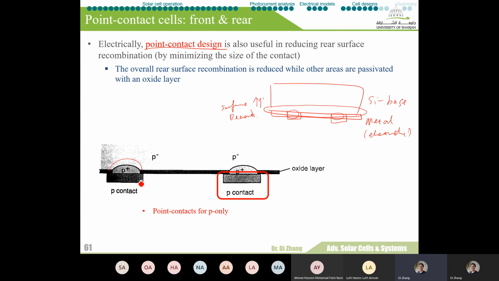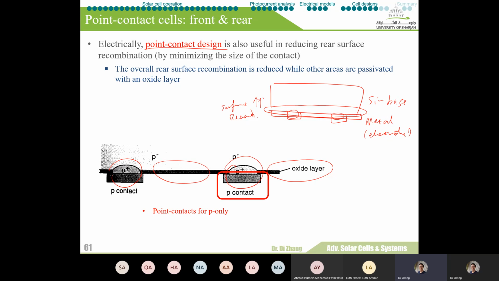If we limit the electrode area to these points, for the rest of the area we can passivate them. We can close the open bonds with the passivation layer, with the oxide layer, and if we combine these two approaches, we can further reduce the surface recombination. In this way we can hope to increase the solar cell performance.